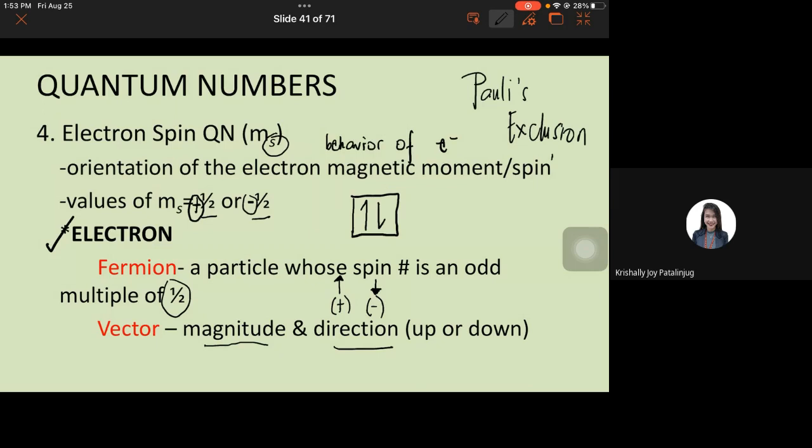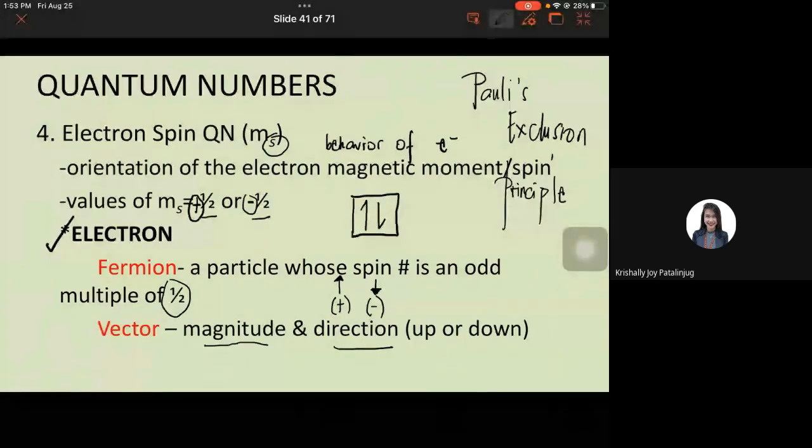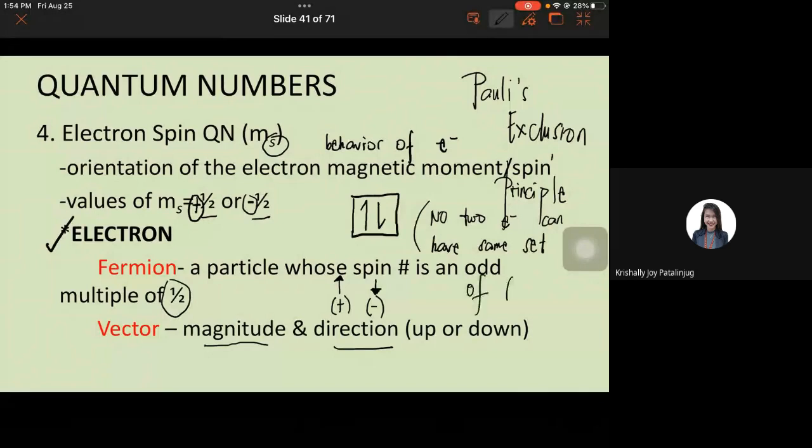Principle. It states that no two electrons can have the same set of quantum numbers, at least they differ in their spin. So let me write it. No two electrons can have the same set of quantum numbers.